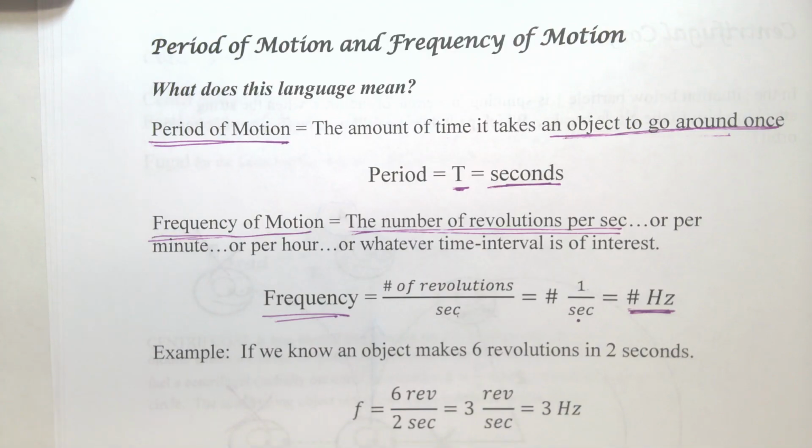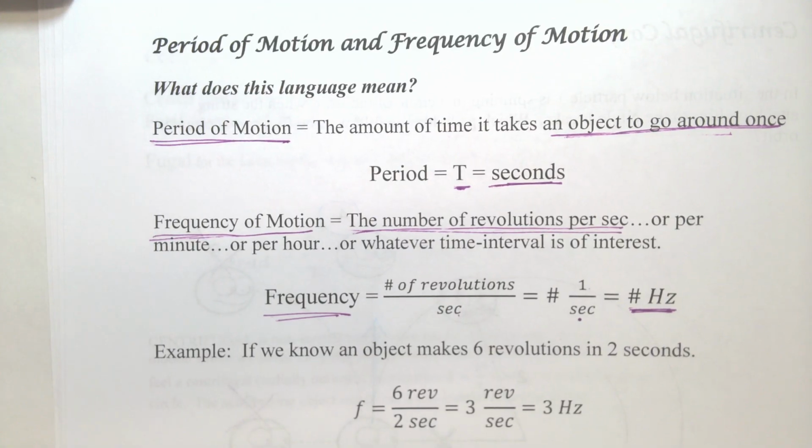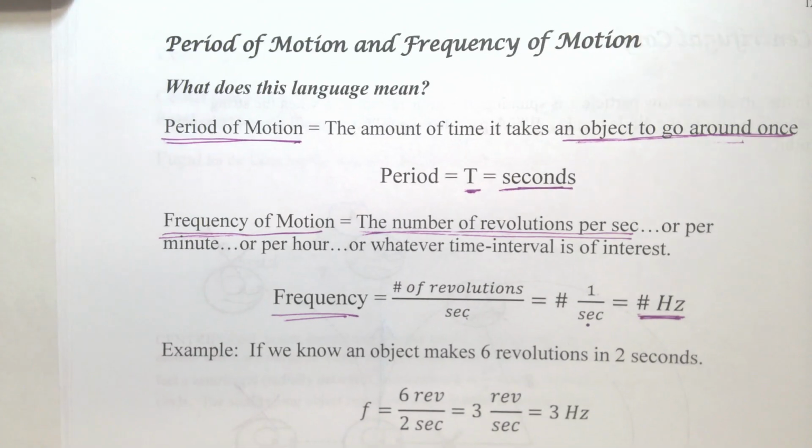When you go see a motion picture, they're going at 25 frames per second. So even though it's still frames, at 25 hertz, it looks like it's in motion because it's moving faster than your eye can perceive the information. All right? So it's very important to understand the difference between period and frequency and how they're related.